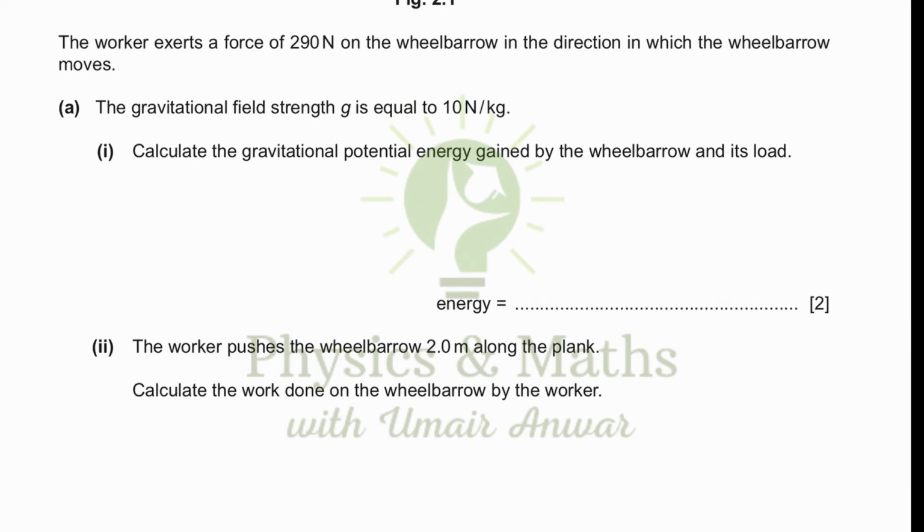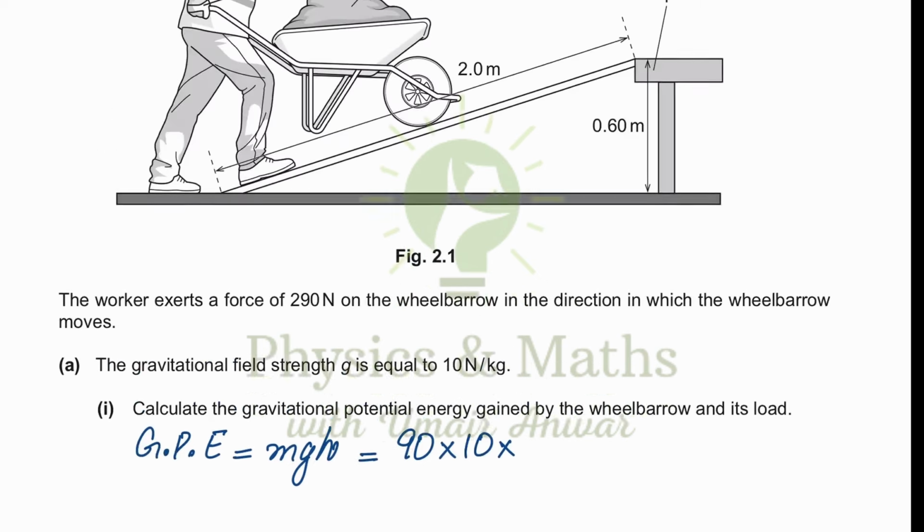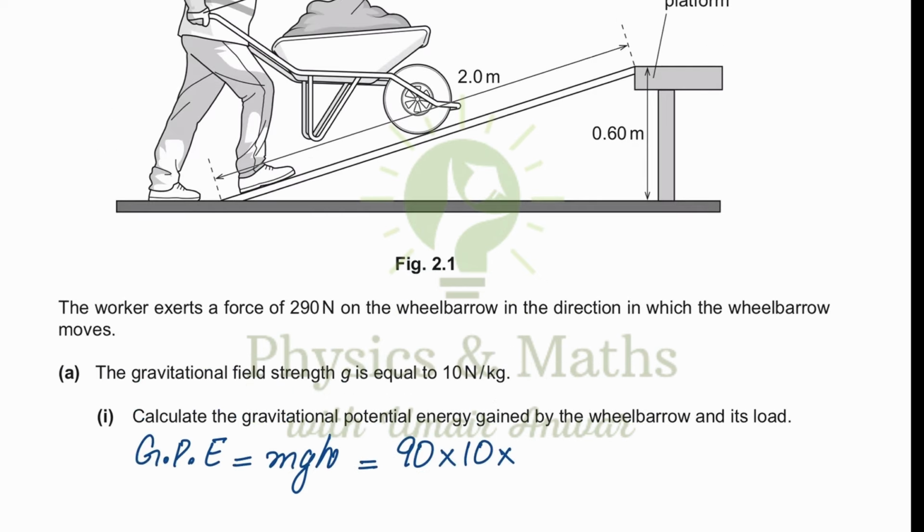Now the gravitational potential energy is given by the formula GPE is equal to mgh. So the mass of the wheelbarrow is given to be 90 kilograms. The value of G which is to be used here is 10, and the vertical height the wheelbarrow and the load are gaining is 0.60 meters.